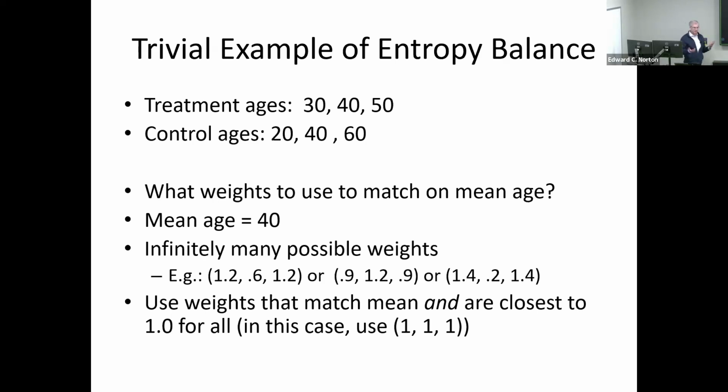There are a lot of weights we could use such that a weighted average of those 3 numbers gets us back to 40. For example, we could use weights of 1.2, 0.6, and 1.2. If we multiply these 3 numbers by those 3 numbers, we will get 40. We could use 0.9, 1.2, and 0.9, or various other combinations; there are lots of combinations of weights that will get us an average of 40.